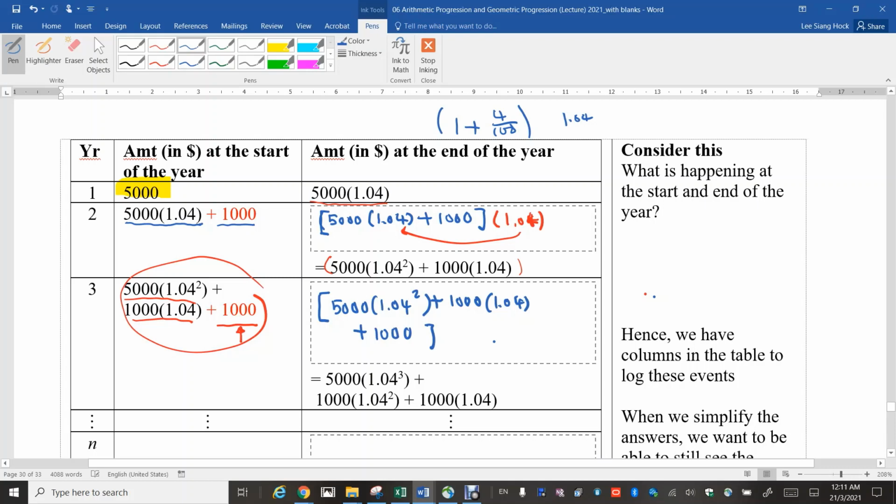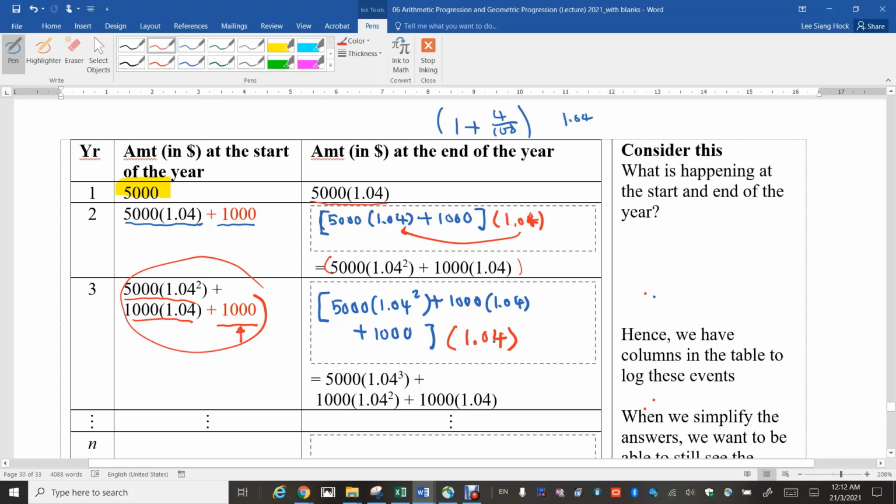This whole thing that I started with at the beginning of the year is all eligible for the 4% interest. So whatever is here will be multiplied by the principal plus the interest, 1.04. If I multiply the 1.04 in, I will end up with 5,000 multiplied by 1.04 cubed plus 1,000 times 1.04 squared plus 1,000 times 1.04.